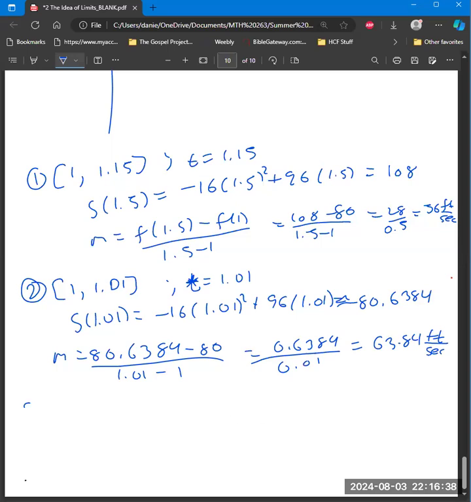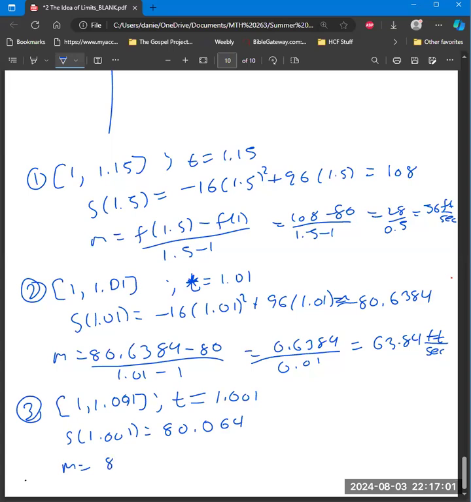And we've got 3 here, which is 1 to 1.001. t is equal to 1.001. s of 1.001 is, using your calculator, 80.064. So m is 80.064 minus 80 over 1.001 minus 1, which is 0.064 over 0.001.